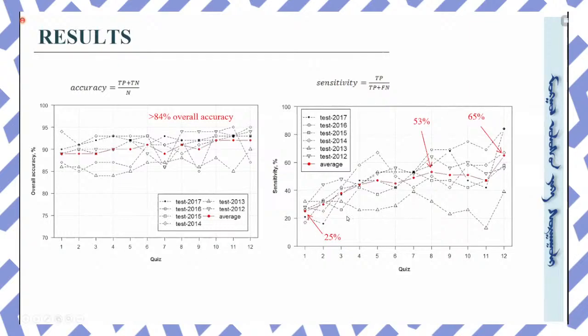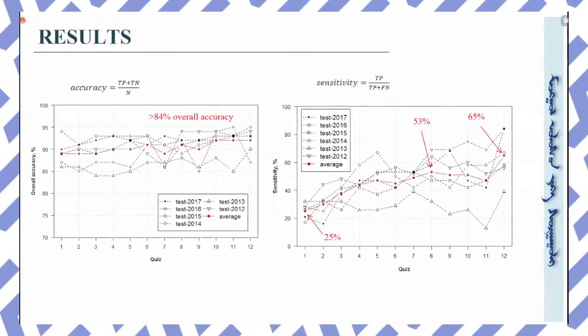So 25% and 53% is not that good a prediction outcome, but in terms of the early stage of the semester, it's quite promising. These results can be improved using many other data. For example, this one was a DSP course, a digital signal processing course.